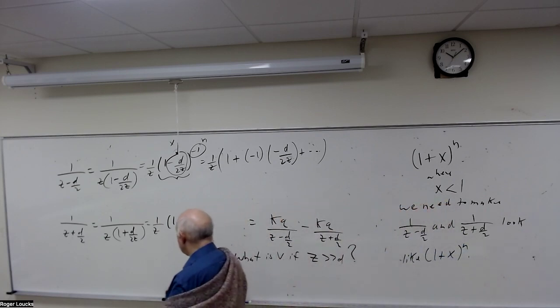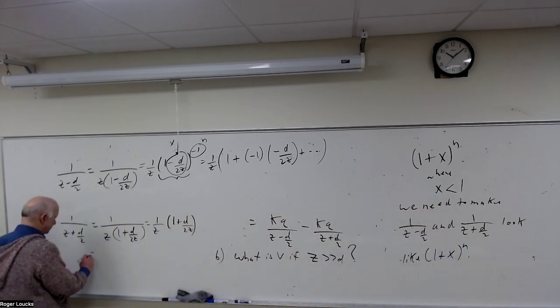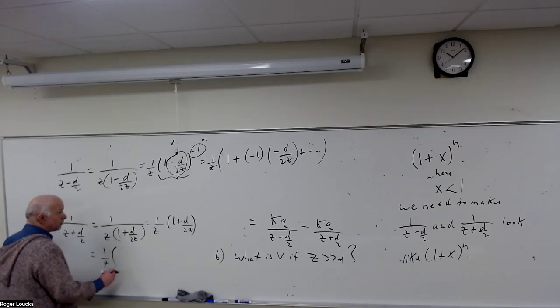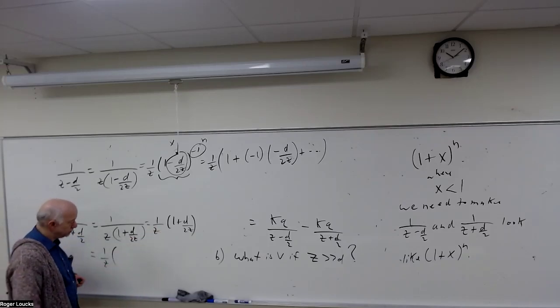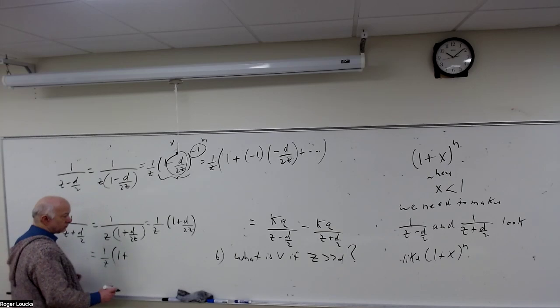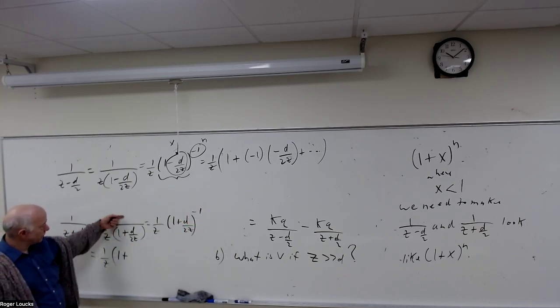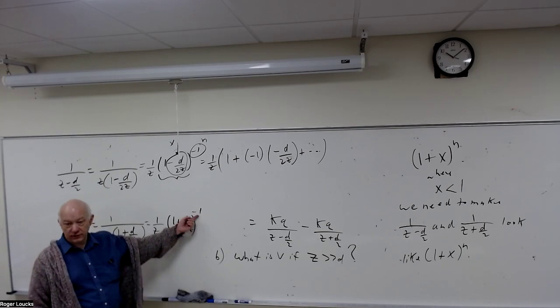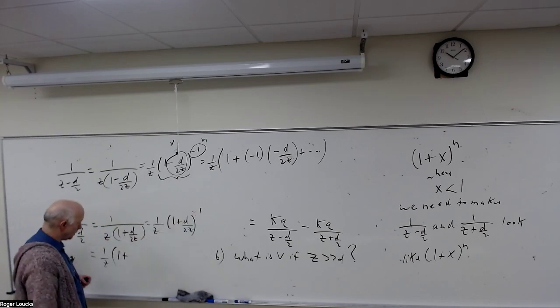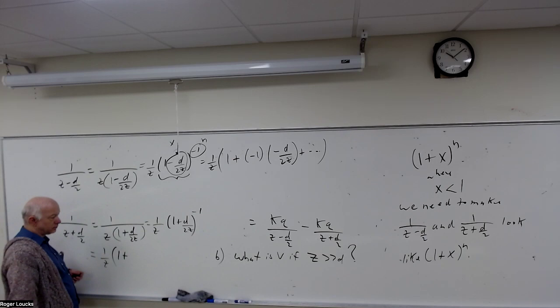Now the bottom term here, what happens? Left with 1 over Z. What does this become? 1 plus, oh, this is to the minus 1. Sorry about that. I took this to the numerator, and I then put it to the minus 1 power. So what do I get for that?